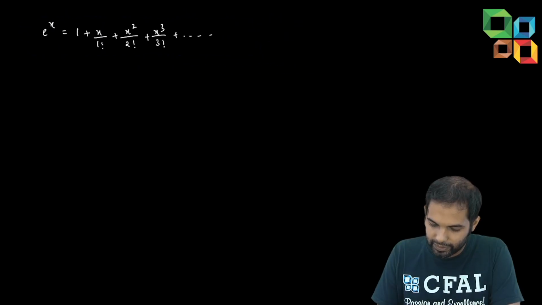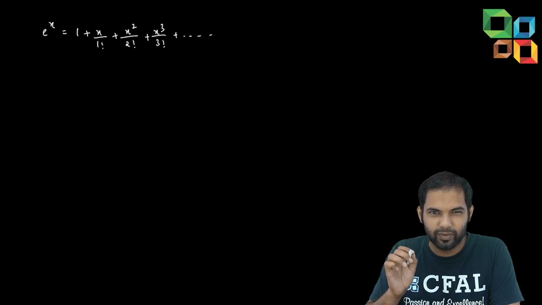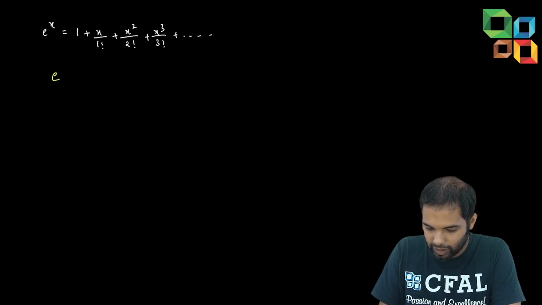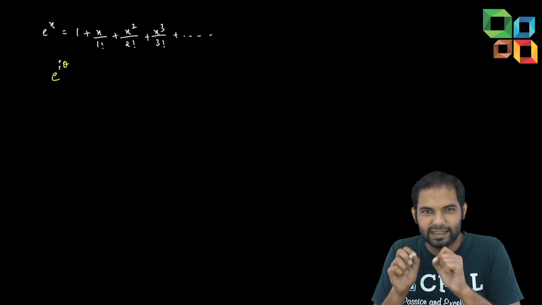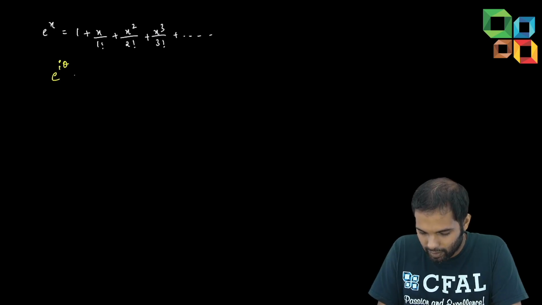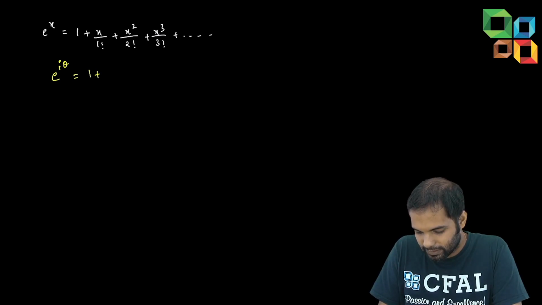Now what am I trying to find? Let me write it in terms of theta so that our result also remains. So e power i theta. Wherever there is x, I have to put i theta. So 1 plus i theta by 1. Now it is i theta whole square by 2 factorial.